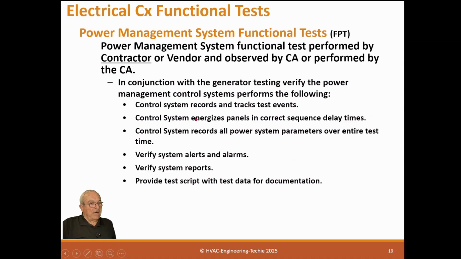Now, remember that a power monitoring system, power management system, is basically a control system for power systems. And the one thing it's designed to do, especially if you have a bigger job, and I talk about it here when it does system parameters, is energize panels in correct sequences for delay times.